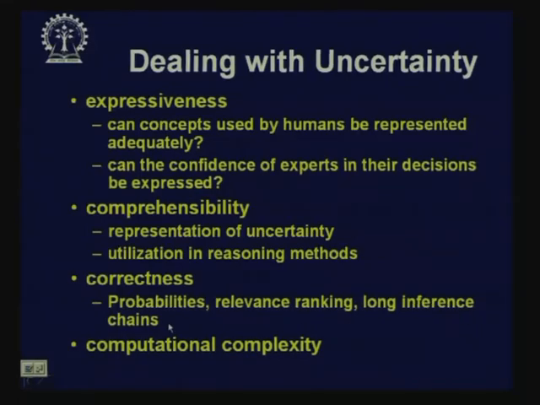The other thing is relevance ranking and long inference chains. We have seen in our earlier discussion about certainty factors that as we propagate through rule chaining, for example, A implies B, B implies C, and proceed through a longer chain, and our starting point A is known with some uncertainty, not 100% certain, and A implies B is also an uncertain rule, then obviously B is inferred with a lesser certainty.